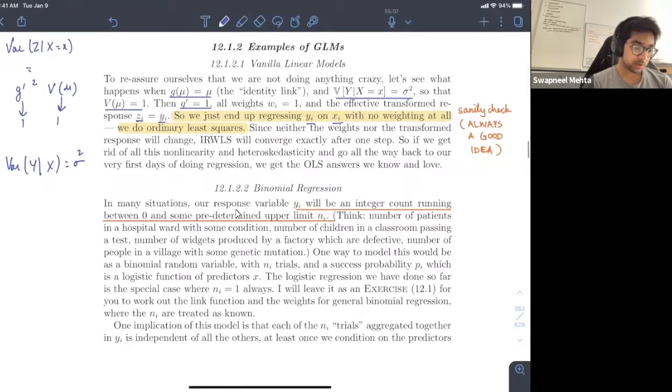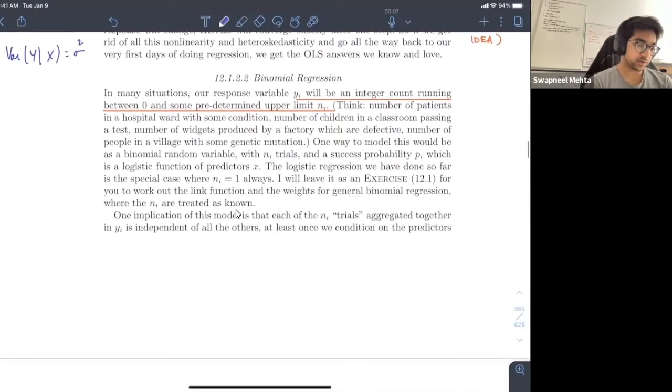Now he takes an example of a generalized linear model and he motivates this as the following. So we selected binary y, now we're looking at binomial y. And why do we look at binomial y? Well, because in some cases we have a lot of trials and we want to model the outcome of those number of trials using some response variable.